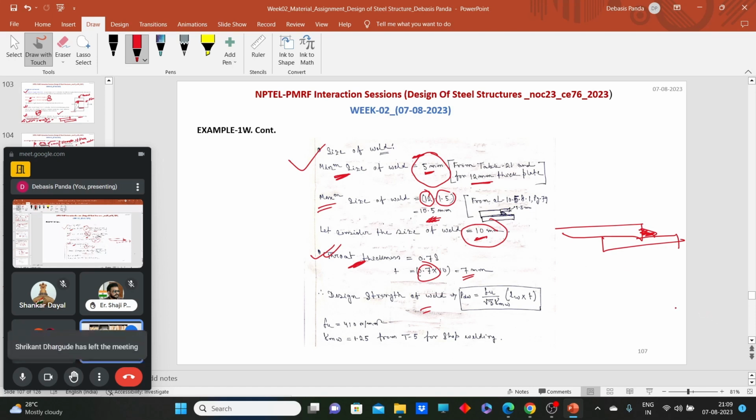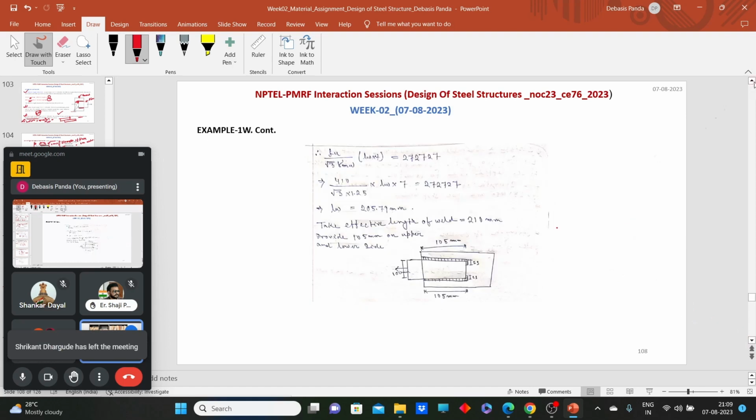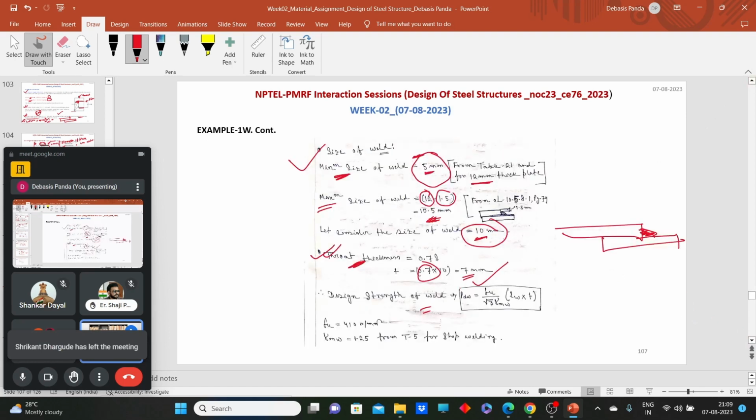Here we have the equation: the design strength of the fillet weld is equal to Fu by root 3 gamma mw, into Lw into Te. Here we have Fu, we have gamma mw, we have Te, the throat thickness, but we don't have the length. How much length of weld should we provide? That portion we need to find out. So how can we find it out? We just equate that equation to how much load we need to transfer. So how much load do we need to transfer?